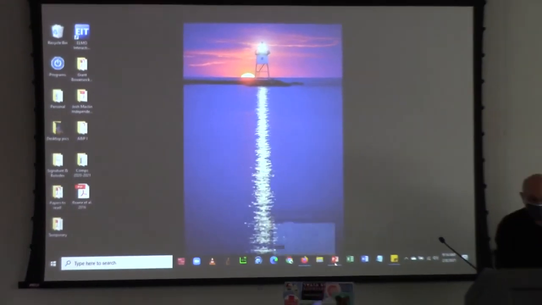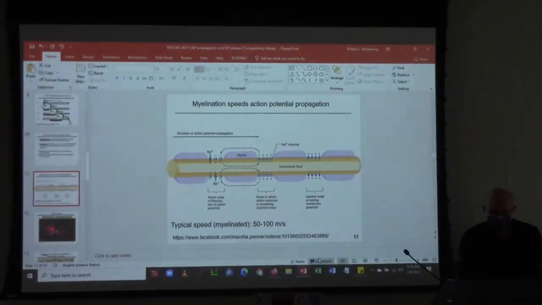The myelinated axon propagated the action potential much faster.